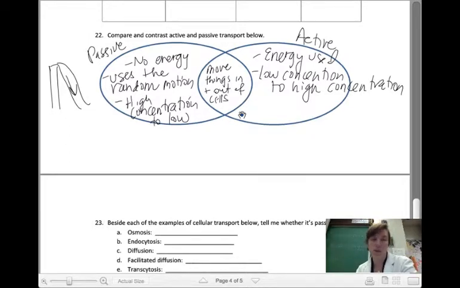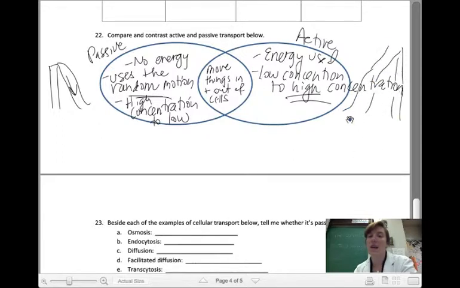But the biggest difference between the two is the energy usage and the way that they move in terms of that concentration gradient. So here, it's like you would have to climb back up a slide. You would be using energy and you would be going from low to high in active. So I like for you to think about that slide analogy, so that you can remember which direction they're moving in regards to that concentration gradient.